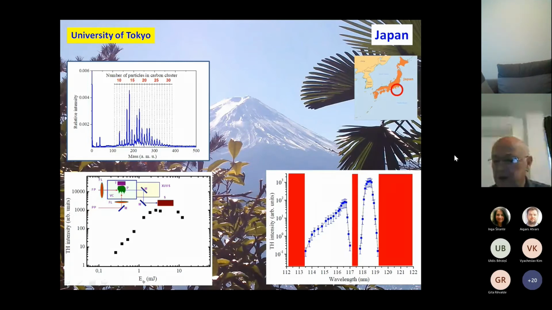Apart from solid materials, an interesting gas is xenon. It allows us to analyze the conversion efficiency in the range of the anomalous dispersion of xenon, in the range between 113 and 117 nanometers and so on.